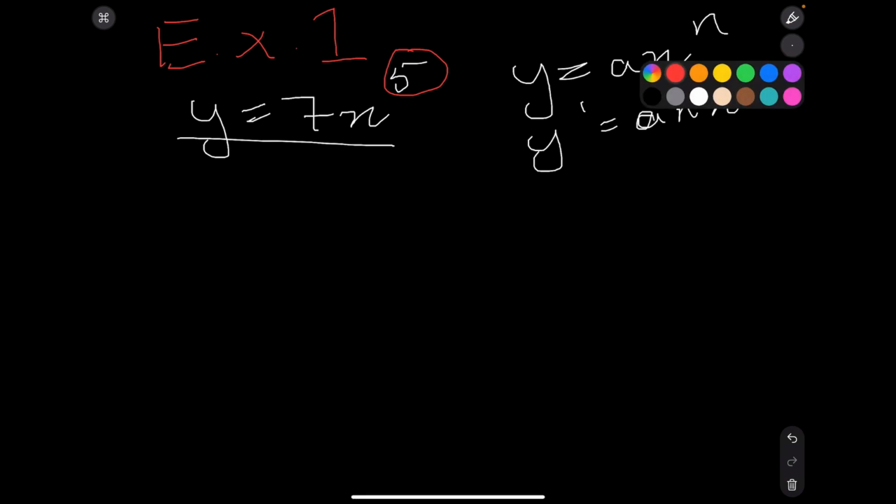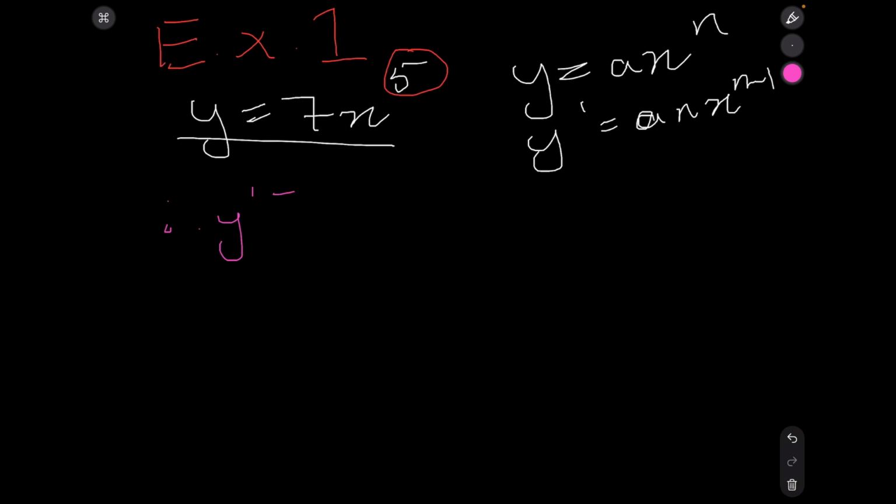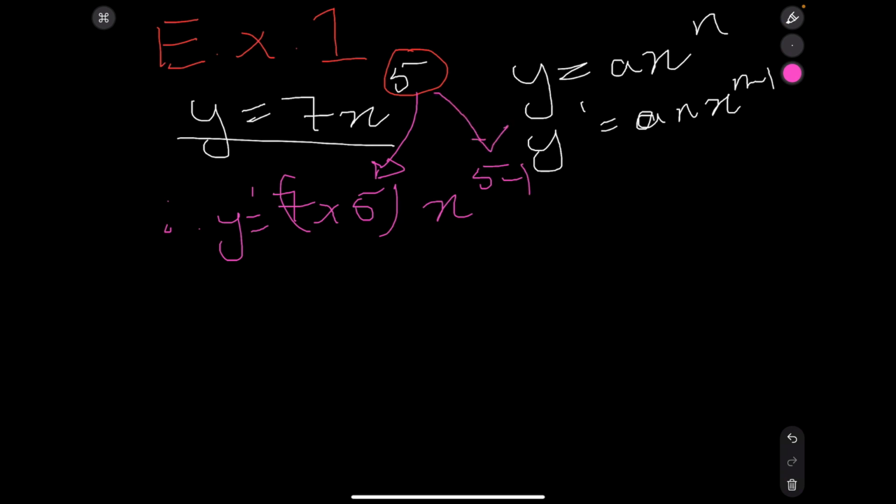So the first derivative of y equals 7x to the 5 would be 7 times 5, we take the 5 down at the front of the function, and then 7 times 5, x to the 5 take 1. We take 1 from the exponent. So the first derivative in its simplest form would be equal to 35x to the 4.